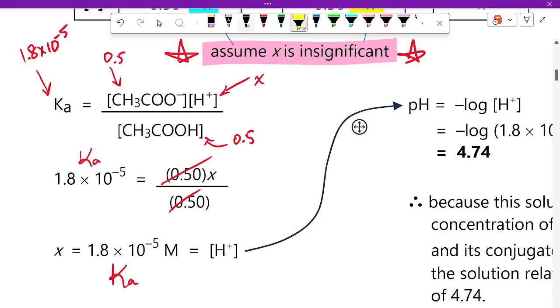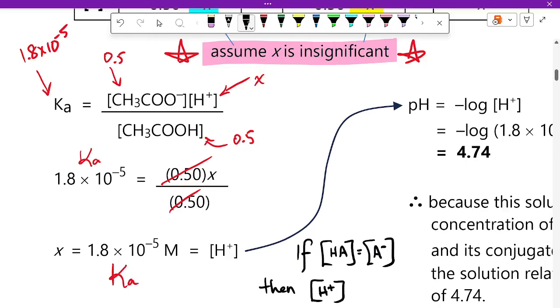Ka, if concentration of HA is equal to concentration of A minus, then concentration H plus is equal to Ka, which also means that pH is equal to pKa.